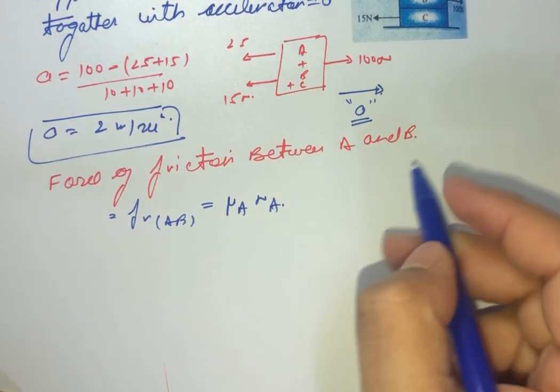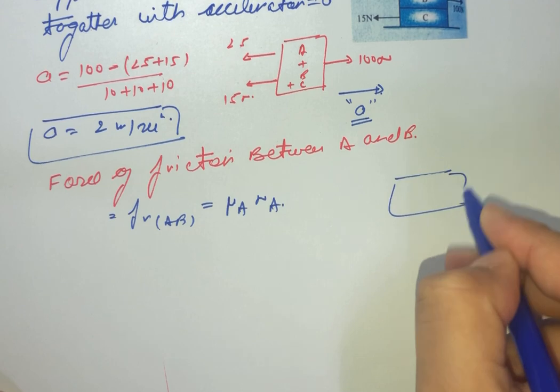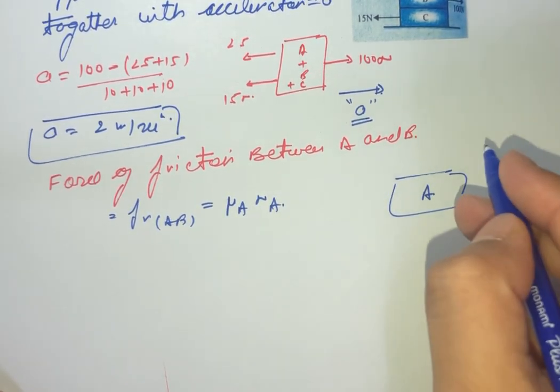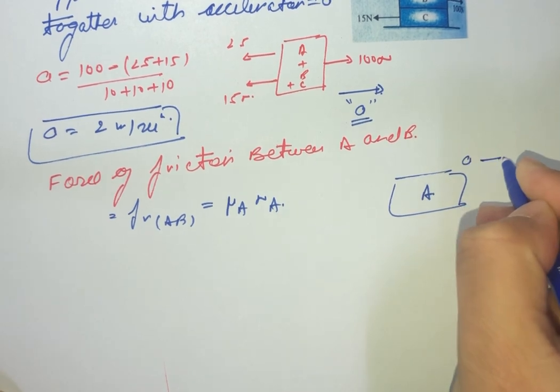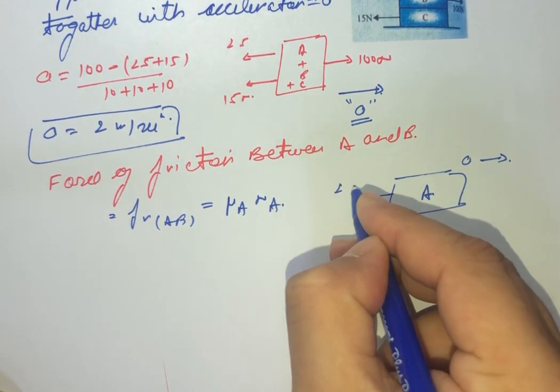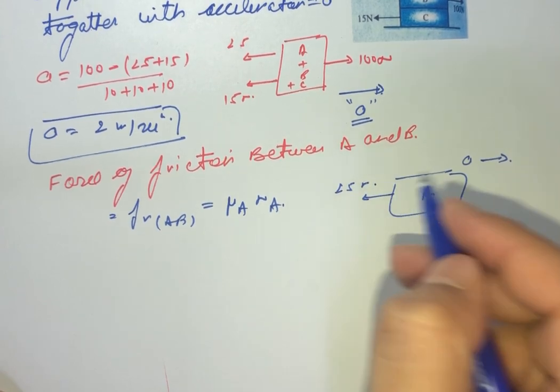Let me draw it here. This is our A block and it is moving in this direction with the acceleration A. We have applied force 25 Newton on this side.